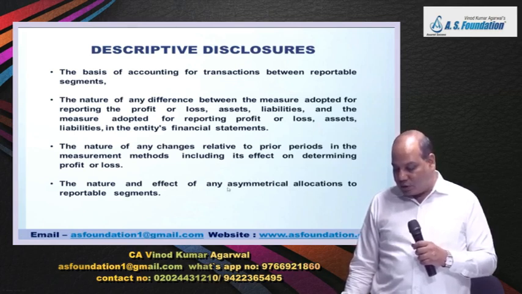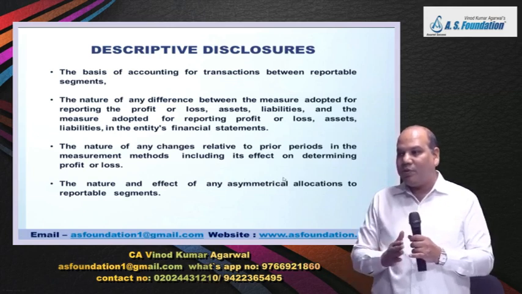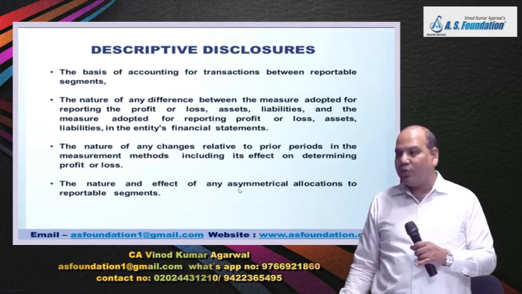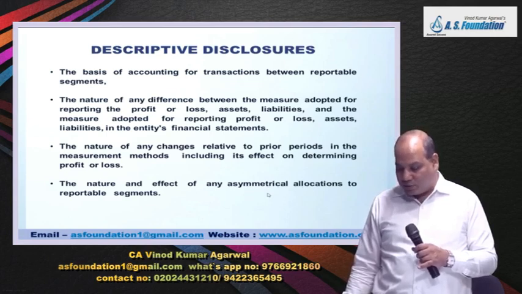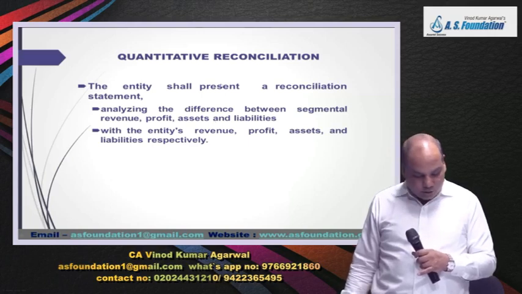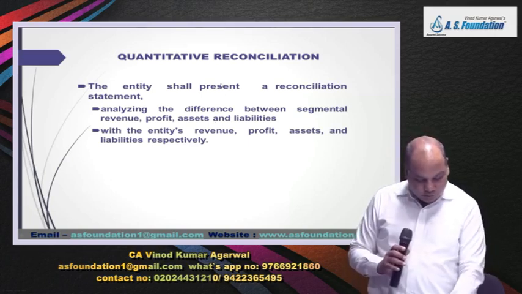So allocation means some expenses may be allocated to the segment, and in case it is not symmetrical, not proper, then you have to make a disclosure of that, why some segments were given more allocation. And then there is a quantitative reconciliation you have to do.